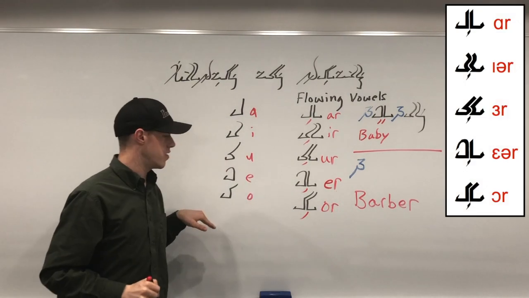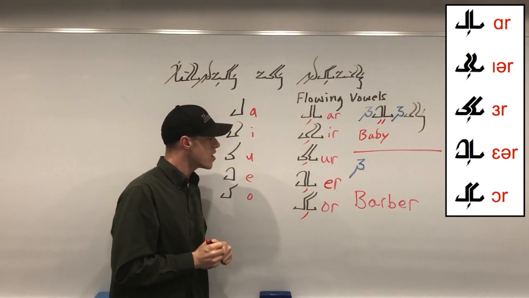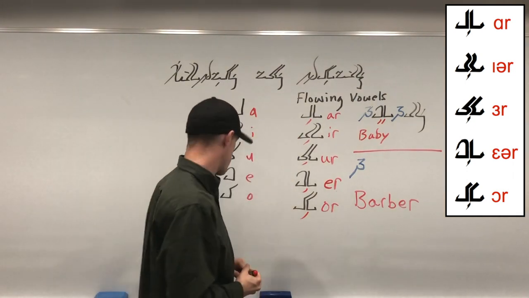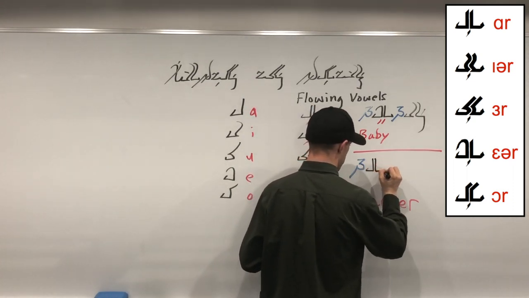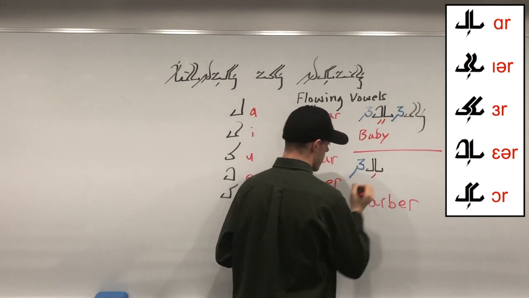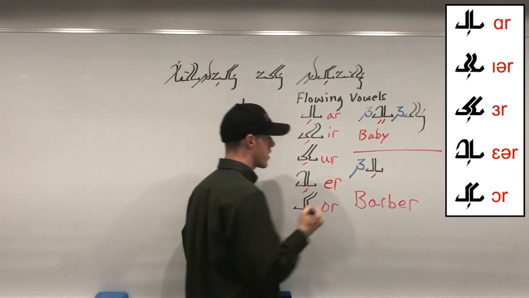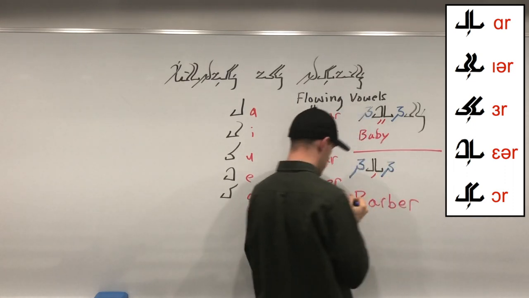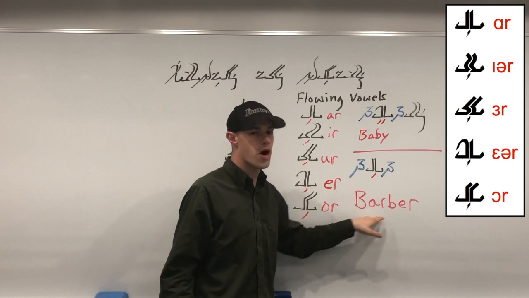And again, I'll put the International Phonetic Alphabet at the bottom of this video. So, we have the R sound we need. We write the flowing vowels here. And I put the mark underneath to give it the R sound. Again, the B consonant. And in this pronunciation, it's barber.